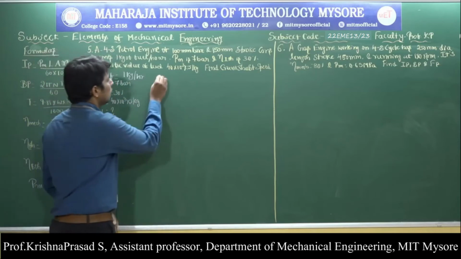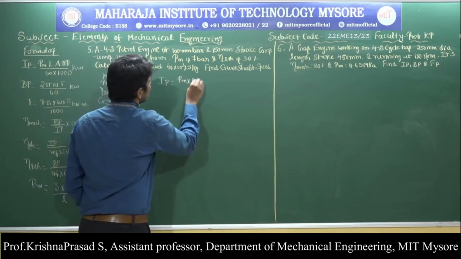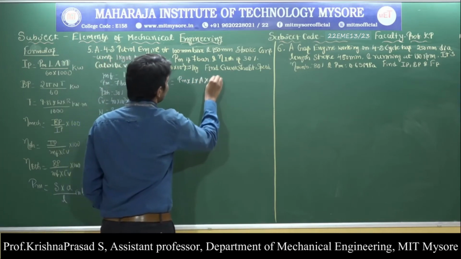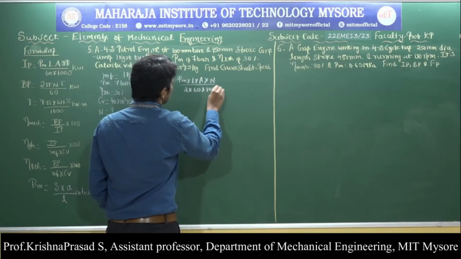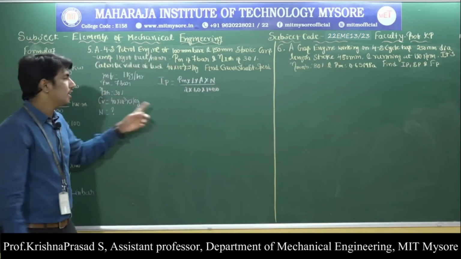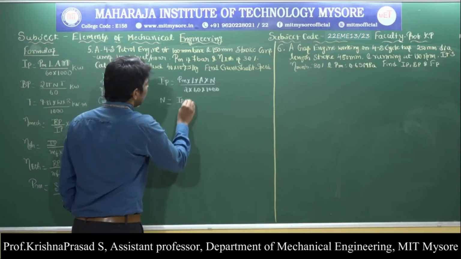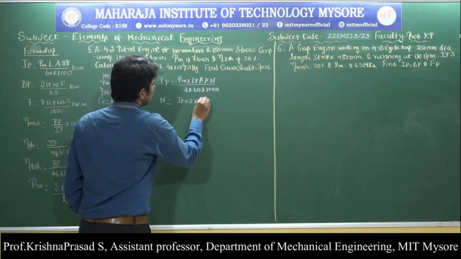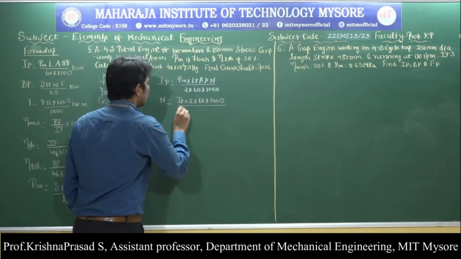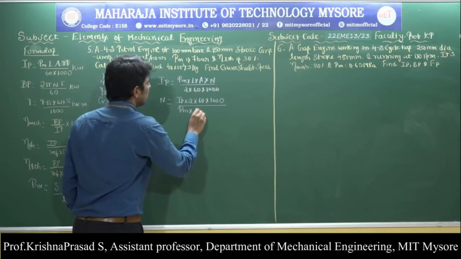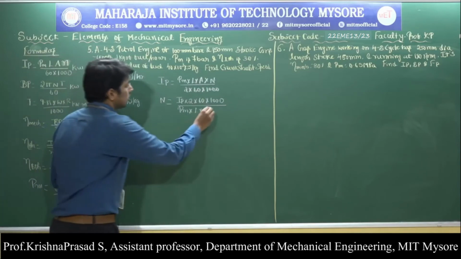So the formula for indicated power is PM into L into A into N divided by 2 into 60 into 1000. I need to calculate the crankshaft speed. So cross multiply: N = IP into 2 into 60 into 1000 divided by PM into L into A. Here I need to calculate the area.